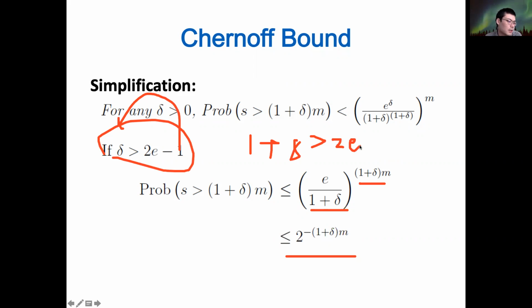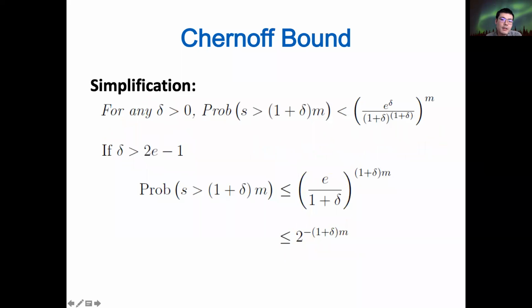So e divided by something larger than 2e is going to be smaller, because it's in the numerator. So it's going to be smaller than 1 by 2. So basically, this term is going to be smaller than or equal to 1 by 2. That's why we have this conclusion, 1 by 2.